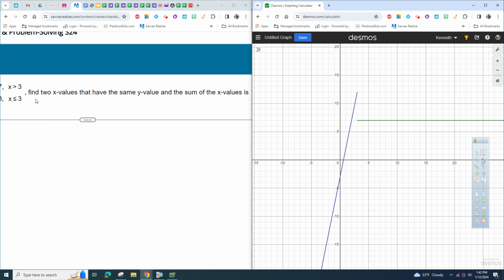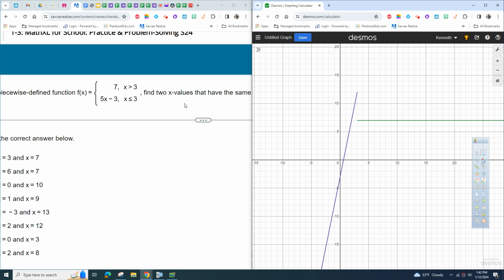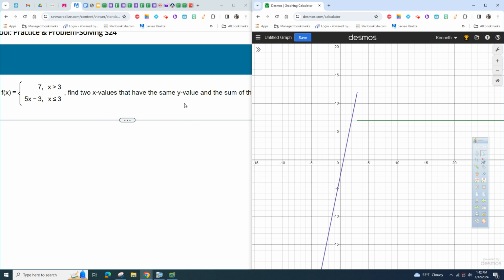Find two for the piecewise defined function. So that's what we just saw, right? Find two x values that have the same y value, and the sum of the x values is 10.